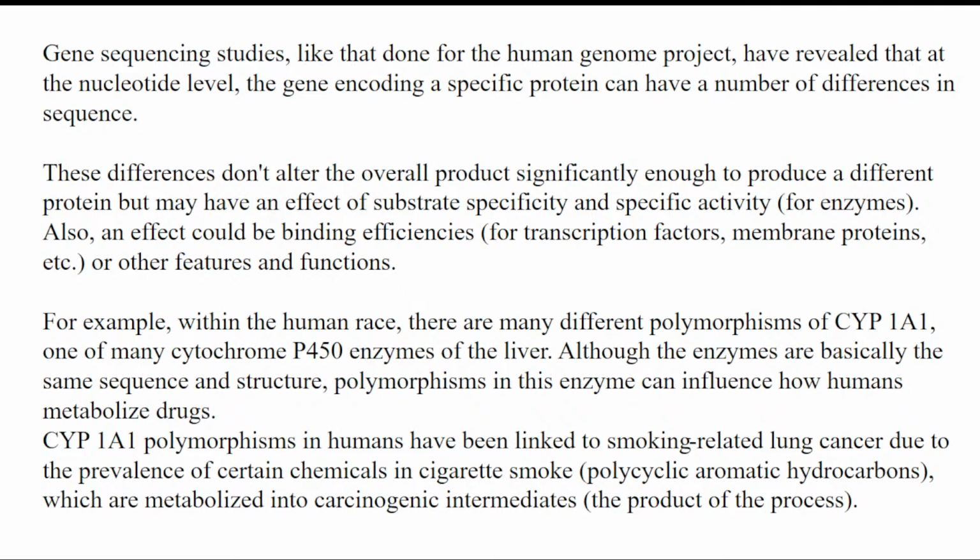CYP1A1 polymorphisms in humans have been linked to smoking-related lung cancer due to the prevalence of certain chemicals in cigarette smoke: polycyclic aromatic hydrocarbons, which are metabolized into carcinogenic intermediates, the product of the process.